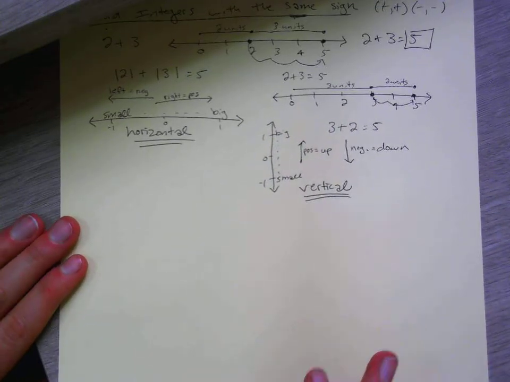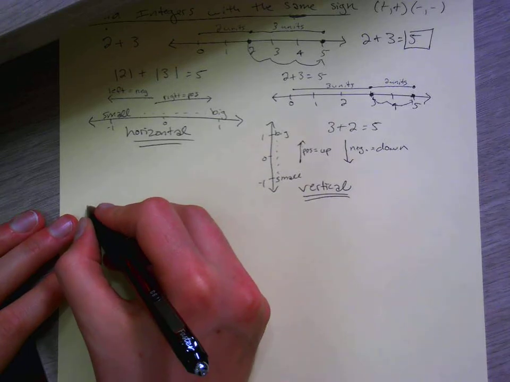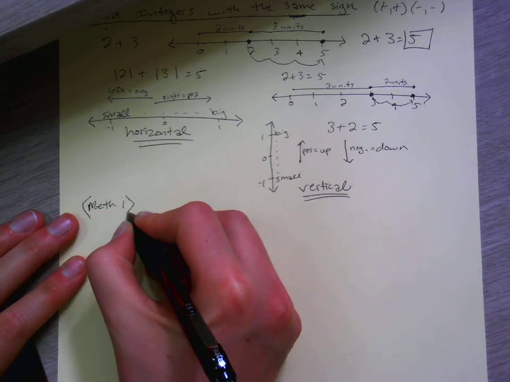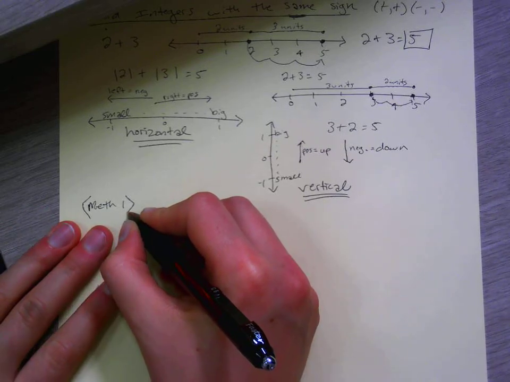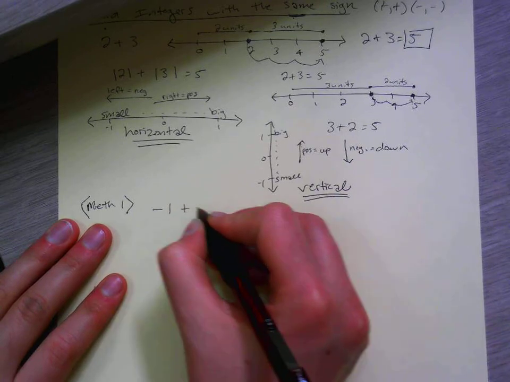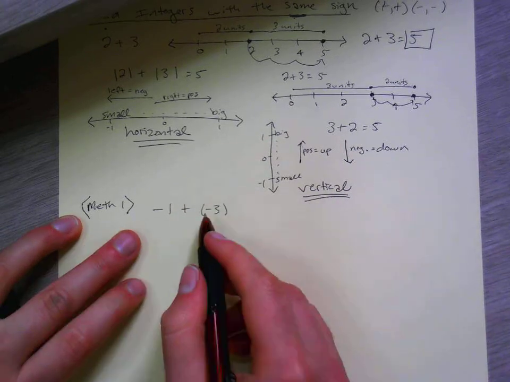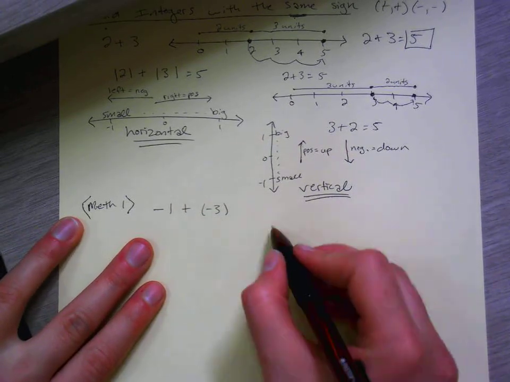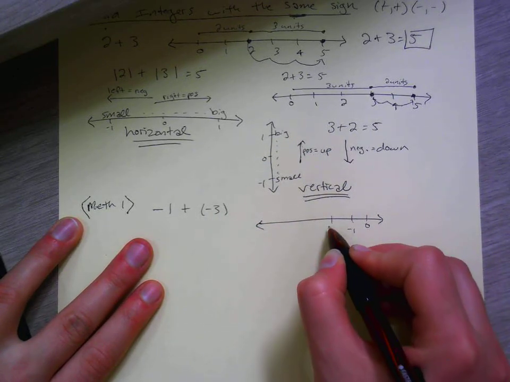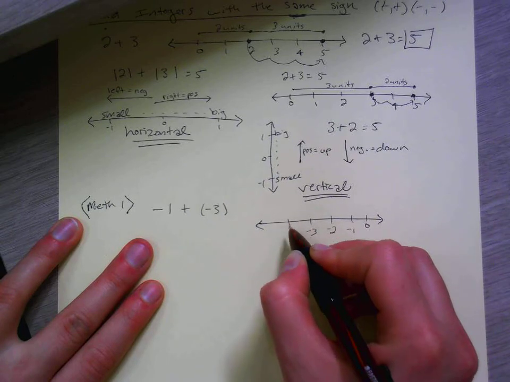with our example here. So if we start with method 1, we're going to use a number line to evaluate -1 plus -3. Notice we have 2 negative numbers, so let's start by drawing the number line. 0, -1, -2, -3, -4, -5.